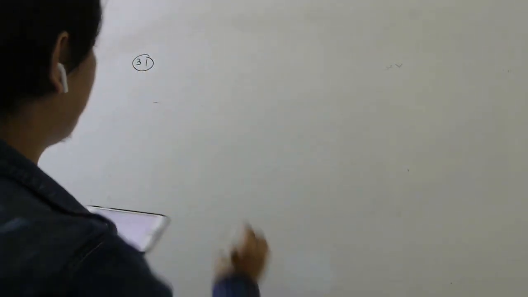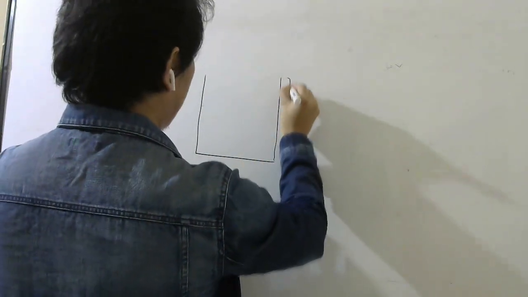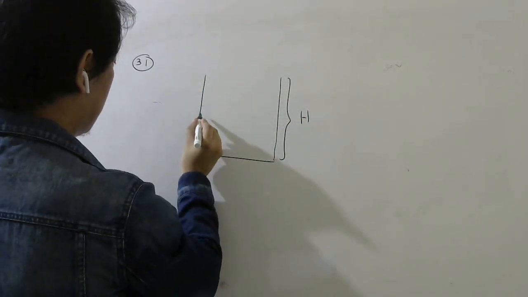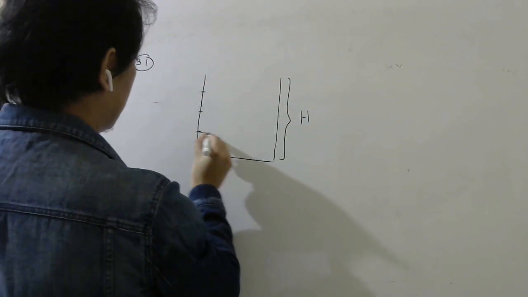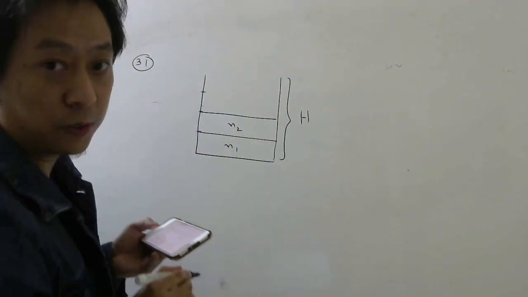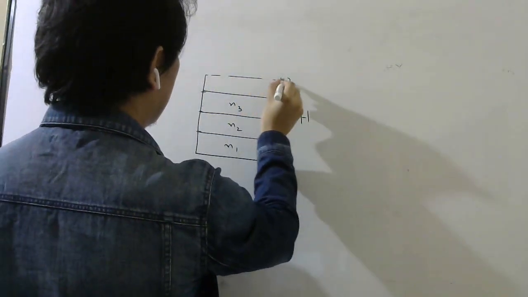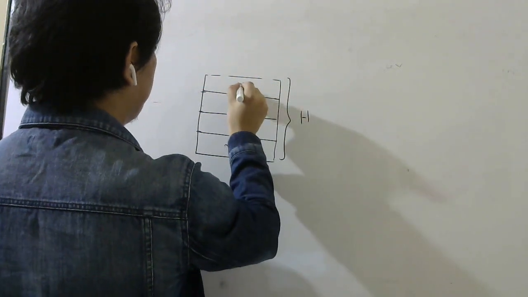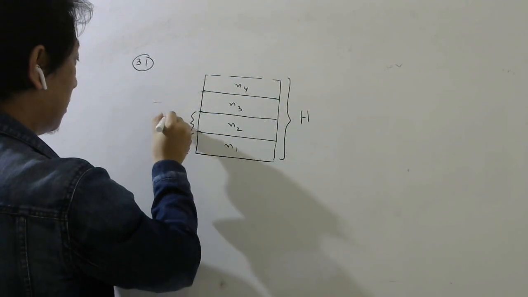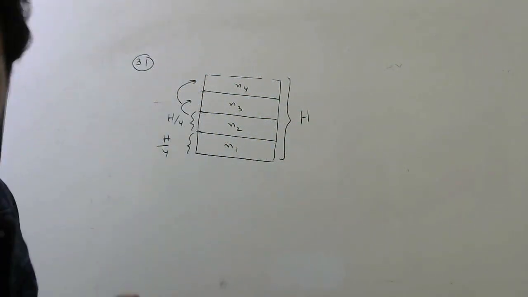This is simple. So there is a vessel of depth h. Now this is divided into 4 parts. Here there is a liquid of refractive index N1. Here there is a liquid of refractive index N2. Here N3 and here N4. And each depth is h by 4, same here, same. So h by 4.